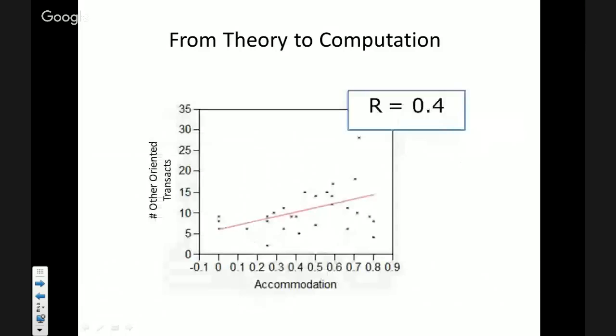And what we found was, well, you wouldn't want to make your whole assessment of transactivity based only on this one feature, but that one feature by itself predicted the prevalence of transactivity with an R value of 0.4. So while that only gives us about 16% of the variance in the prevalence of transactivity, it's only one feature.